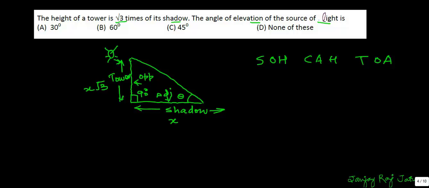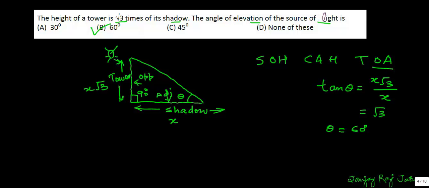So opposite and adjacent side are in tangent. So tangent of theta is equal to opposite x√3 divided by x, which is equal to √3, and we know tangent of theta is equal to √3 when theta is equal to 60 degrees. So our choice will be B.